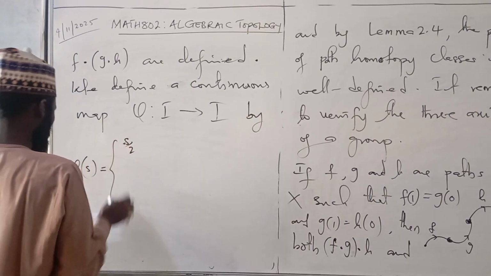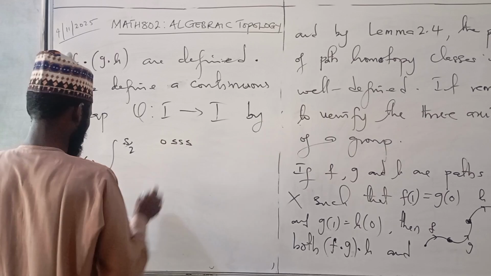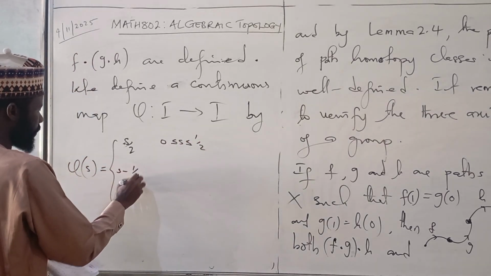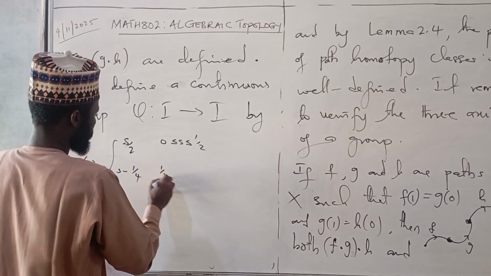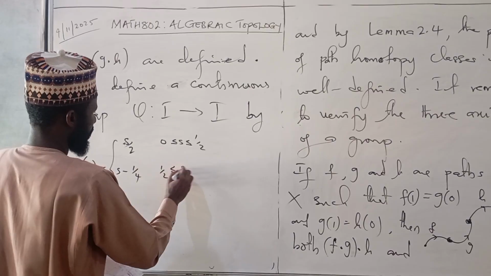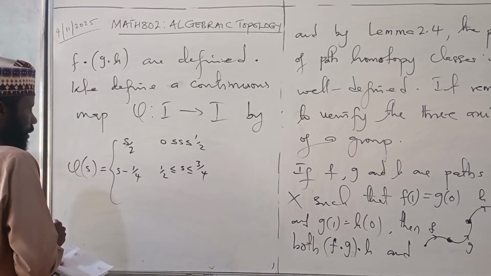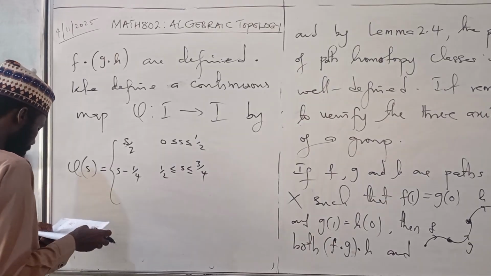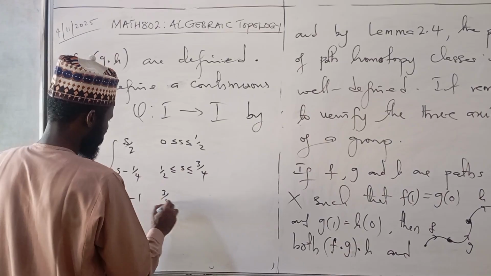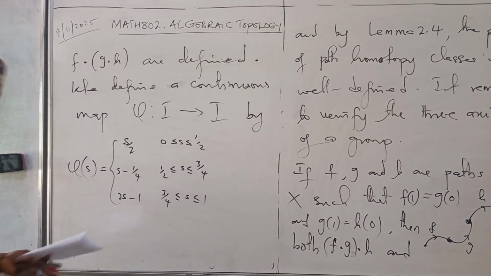S over 2 for S from 0 to a half. It should be S minus 1 over 4 for S from a half to 3 by 4. And then 2S minus 1 for S from 3 by 4 to 1. Okay.